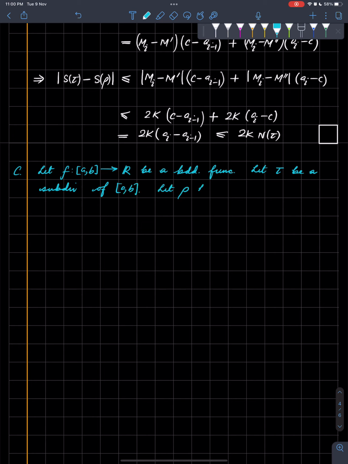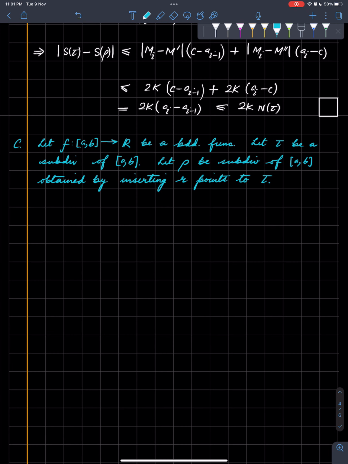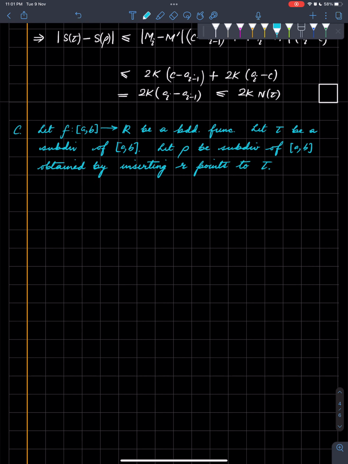Let rho be a subdivision of again a, b obtained by inserting r points to tau. So in the previous lemma we inserted only 1 point, now we are inserting some r points. R is of course a positive integer.